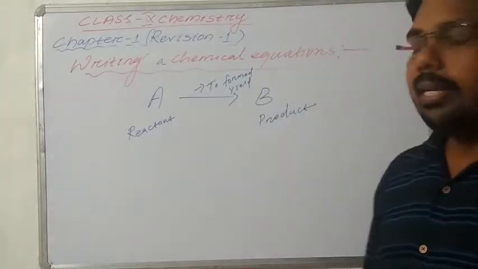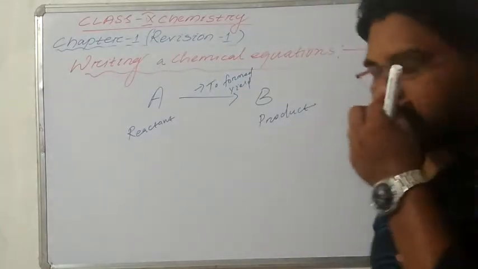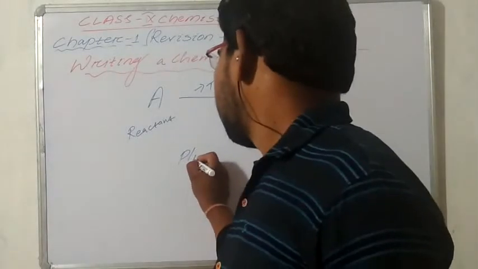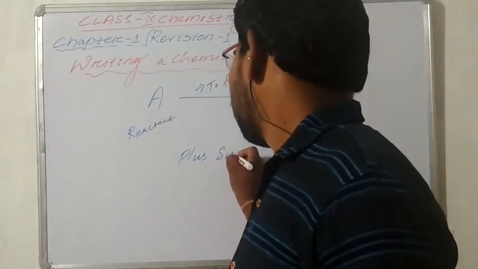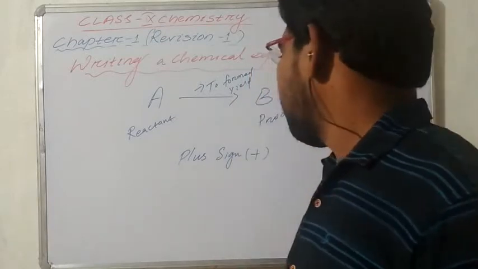And in between two reactants or two products, we use what? A plus sign. This plus sign is used in between two reactants.